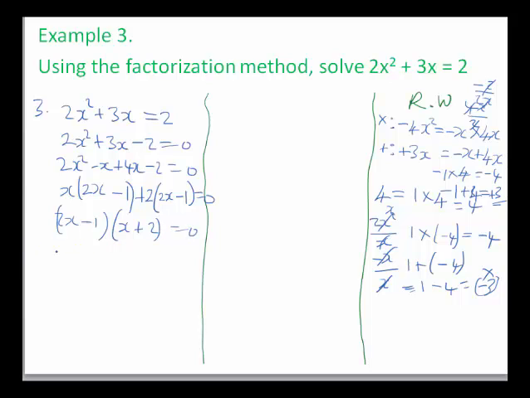If A times B is equal to 0, therefore A is equal to 0 or B is equal to 0. Therefore, 2x minus 1 is equal to 0, or x plus 2 is 0. So in this case, we have 2x is equal to 1 and x is equal to what? 1 over 2, or x is equal to minus 2.